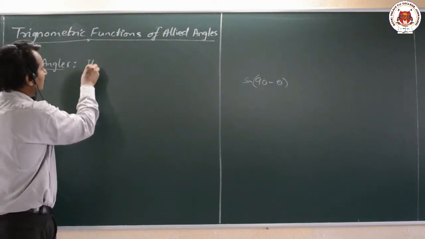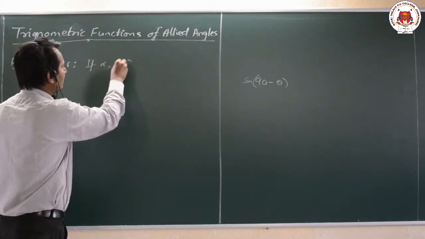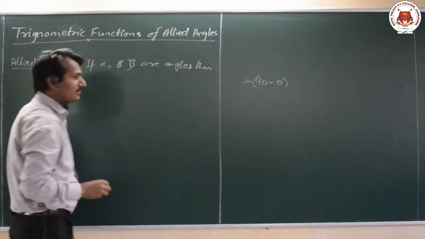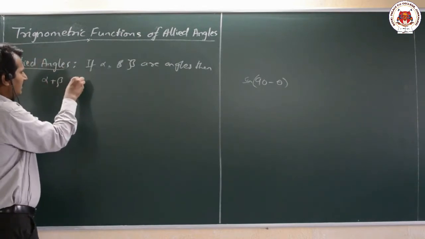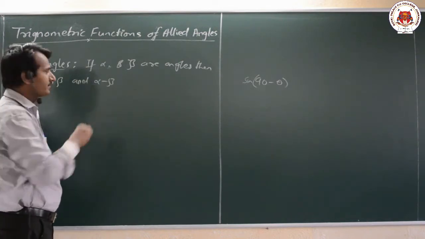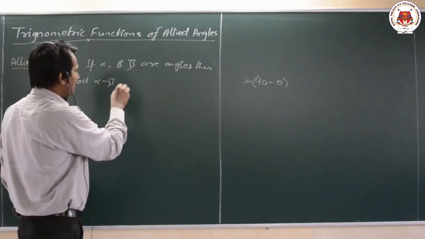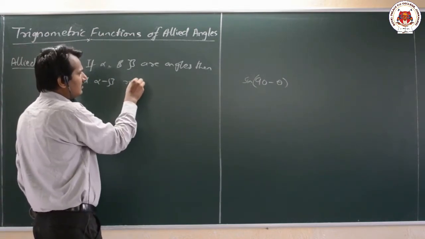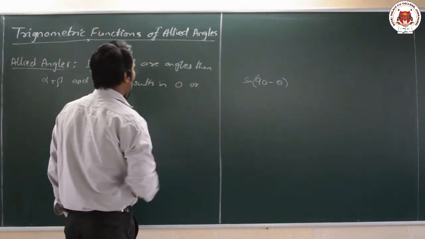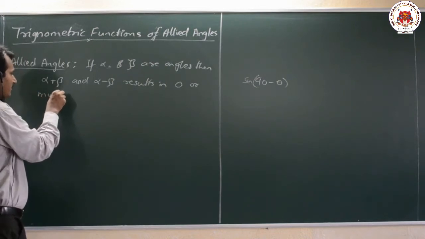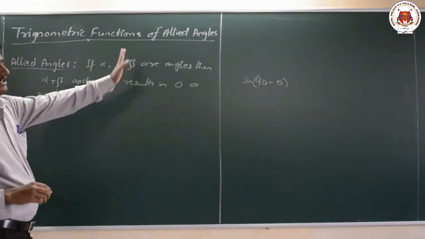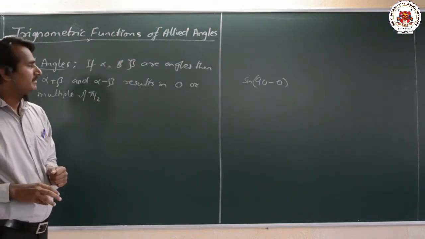If alpha and beta are angles, and alpha plus beta or alpha minus beta results in 0 or a multiple of pi by 2, then we say alpha and beta are allied to each other.